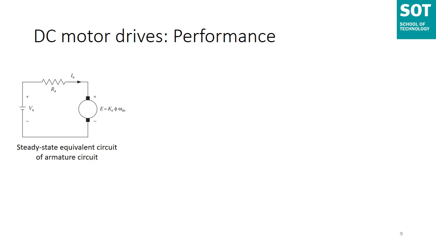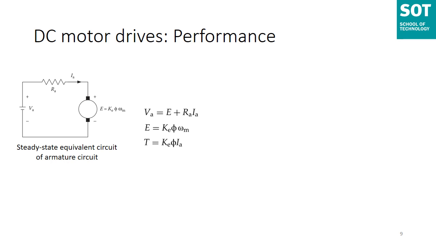So if we apply the basic network theory equations over here, we can obtain the voltage equation: Va equals E plus Ra times Ia, where the EMF E will be equal to Ke times phi times omega m, and the torque which is generated will be equal to Ke times phi times Ia.